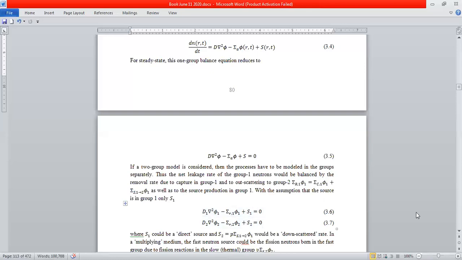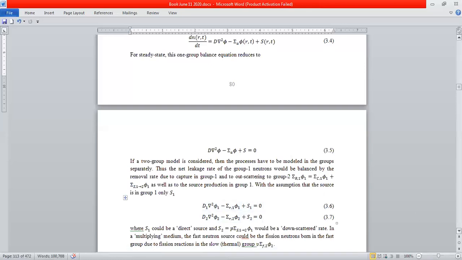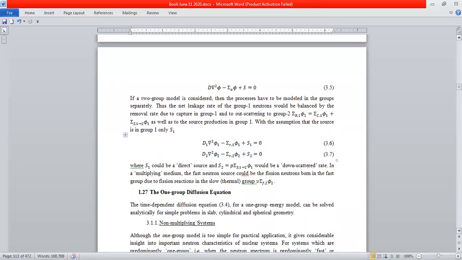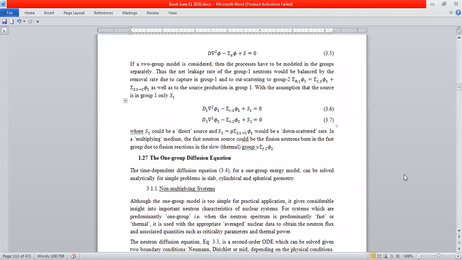Okay? Now, if you just bear with me, of course, you might say, but what if there's fission in the lower group, and fission is thermal fission and it produces fast neutrons in the first group, so why are you not considering that? Well, I'm going to do all that. Right now, let's keep it simple.